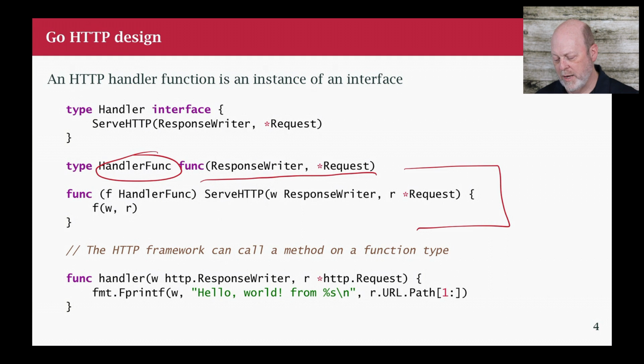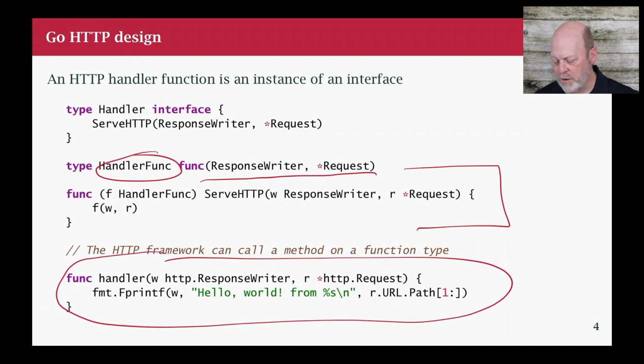Which means I can take a function that I wrote in the code, the handler function right down here, and use it as an object that satisfies the handler interface, with a serve HTTP method, so that the web stuff in Go can just use that handler.